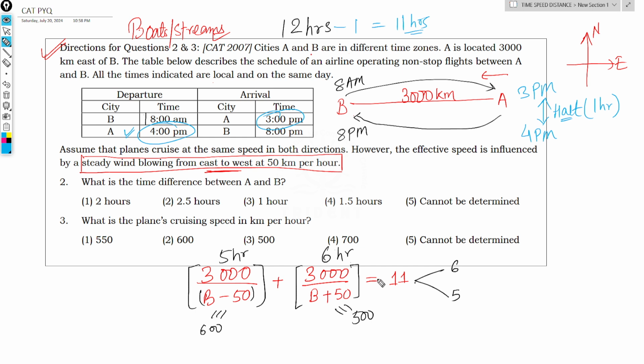Now at this time, if you just pay attention, this is the downstream phase and this is the upstream phase. Okay, the downstream phase is taking 6 hours, however the upstream phase is taking 5 hours.